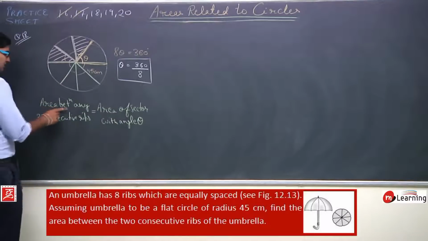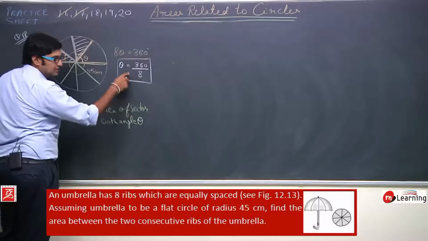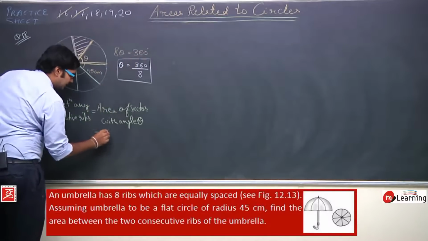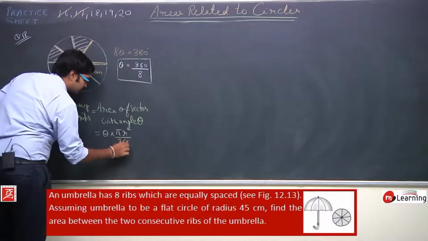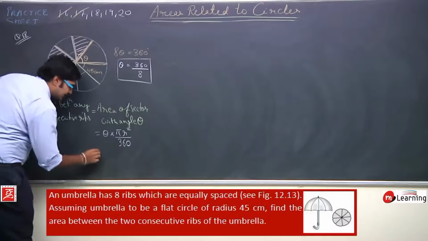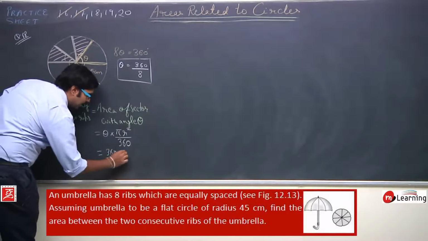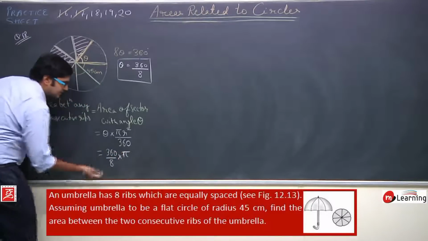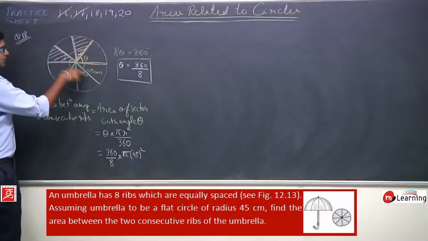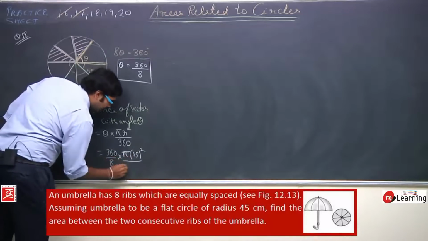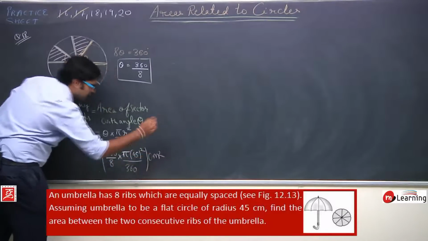So area between any two consecutive ribs is equal to area of sector with an angle theta, where theta is this angle. So what will be the area? It will be theta upon 360 into pi r square, where theta is 360 upon 8, into pi, let us write pi as it is, then it will be 45 square, because the radius is 45 centimeters, this much centimeter square.